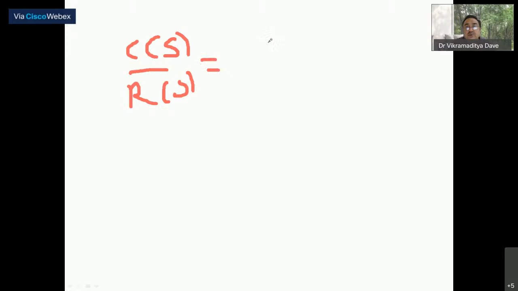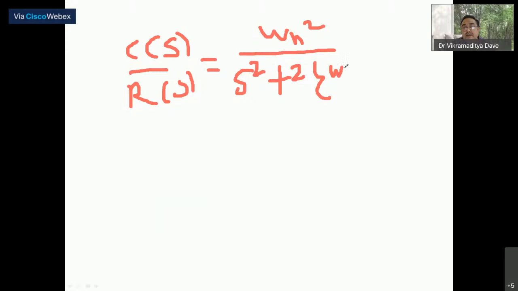The question is: a second order control system has a transfer function like this. A standard transfer function is being given in the question, that is C(s)/R(s), and it is equal to omega n square upon s square plus 2 eta omega n s plus omega n square.